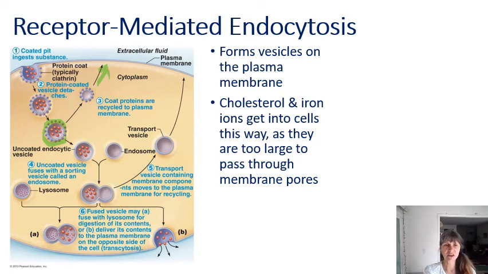This uncoated vesicle is going to fuse with another vesicle called an endosome. Endo means inside. And once these two fuse, one of two things will occur. The fused product will either be transported back out of the cell.